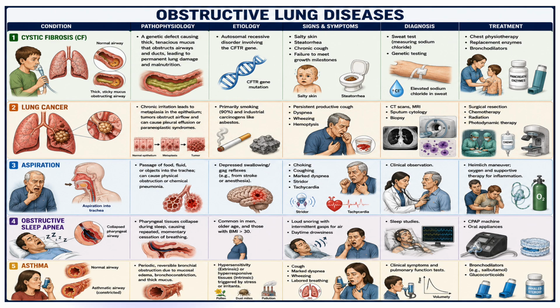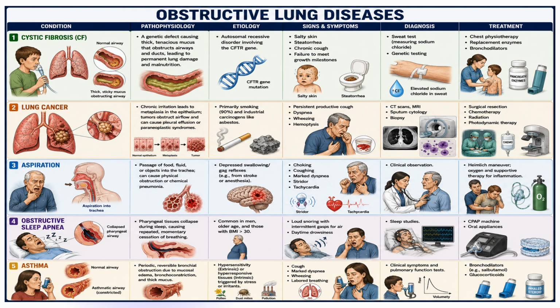So now for lung cancer, basically it's a chronic irritation that leads to metaplasia in the epithelium. Tumors obstruct the airflow and can cause pleural effusion or the paraneoplastic syndromes that we talked about in our cancer lecture, right? So these tumors basically obstruct the lungs, and so they're considered obstructive lung diseases.